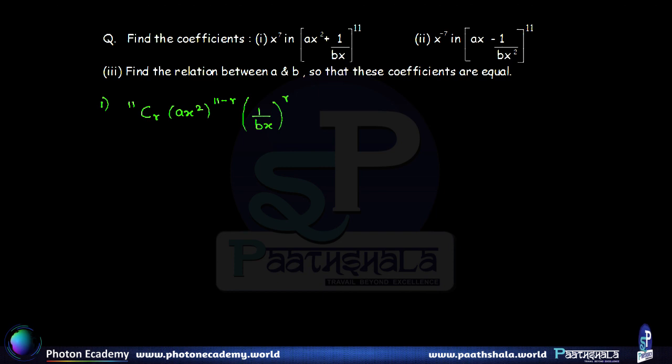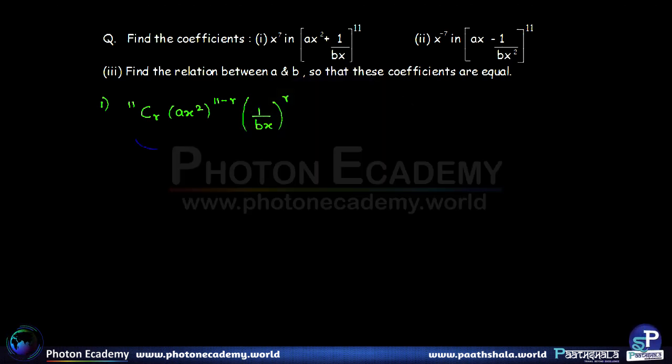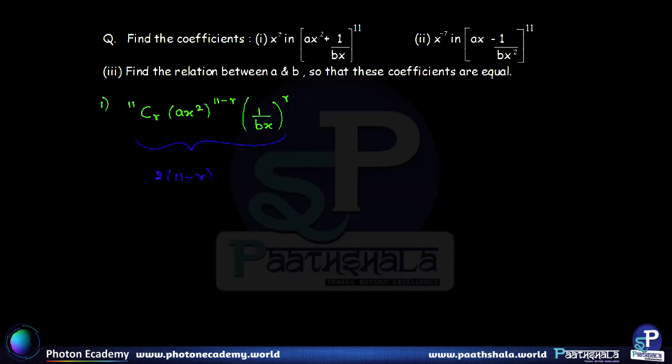Okay, so whatever the power of x we are going to get, we get from this itself. So let's see the power of x we are getting from this equation. So that will become x squared over here, so 2 into (11 minus r), and from this term we will get minus r because x is in the denominator, and this should be equal to 7, because you have to find x raised to 7.